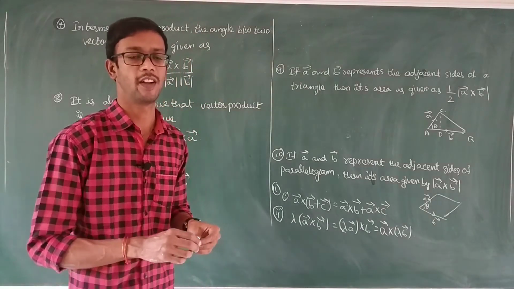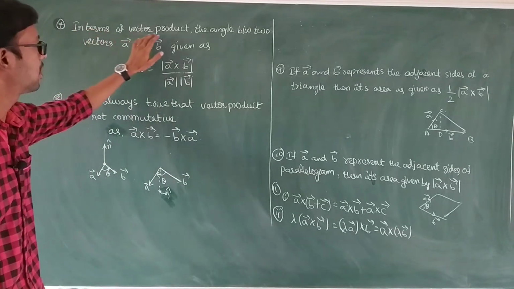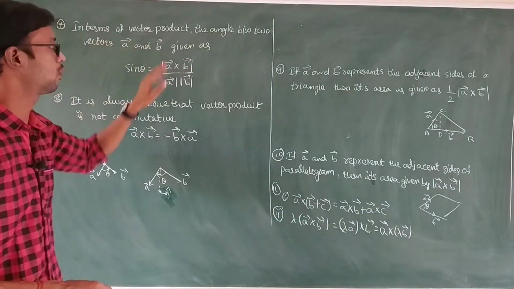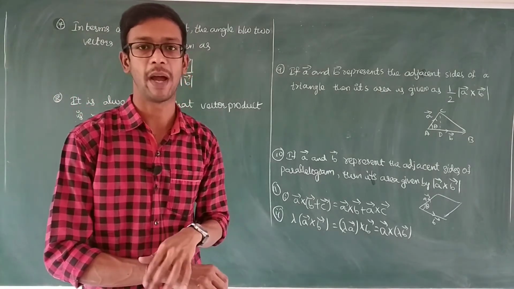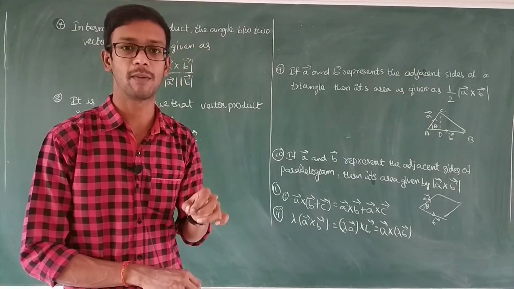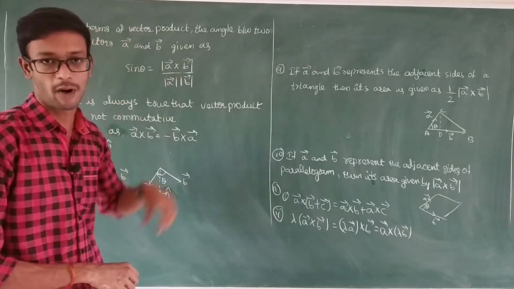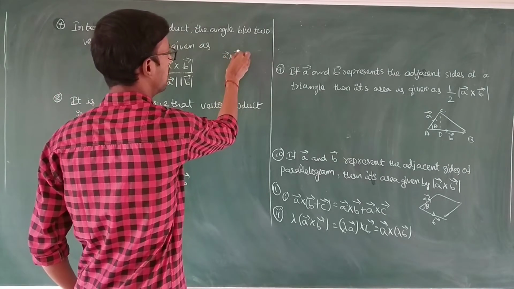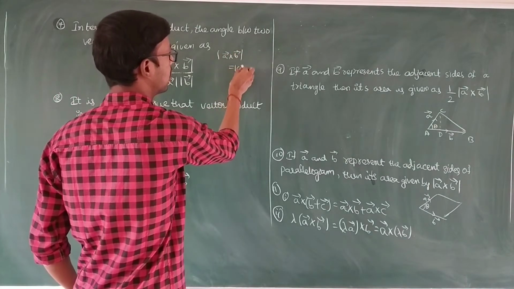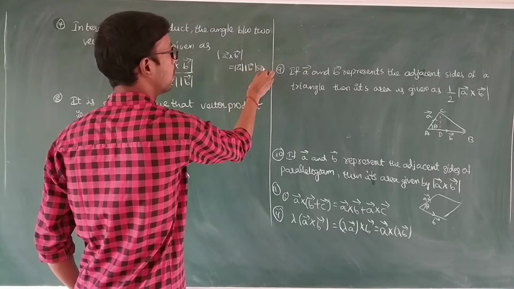Next properties. Number 7. In terms of the vector product, the angle between two vectors: cos theta is equal to A bar dot B bar by magnitude of A bar into magnitude of B bar, we know. Here, for the cross product, magnitude of A bar cross B bar is magnitude of A bar into magnitude of B bar into sin theta.